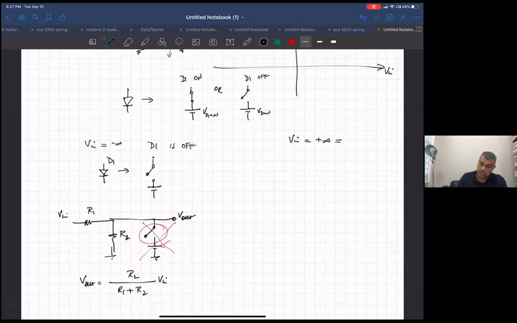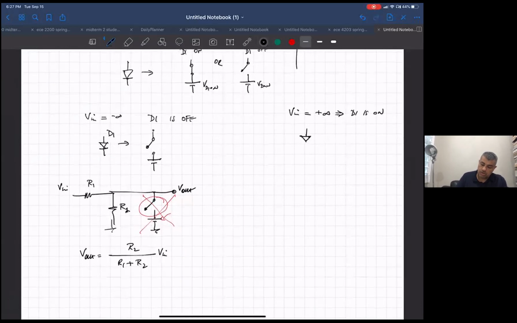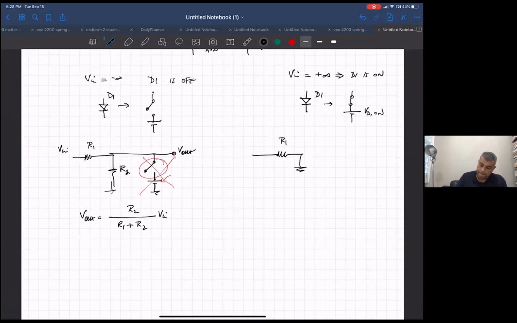So this means that D1 is on. Okay, we're going to redraw it as a closed switch going to the battery, and then redraw the circuit. And this time.